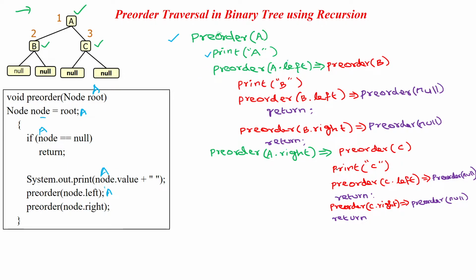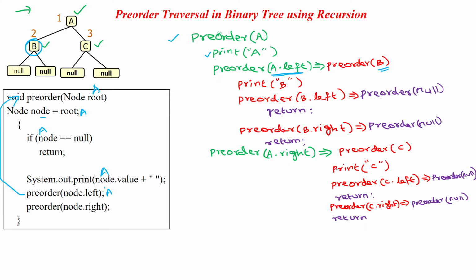So A dot left is B, so preorder of B is called. Once again we are calling the method, and the function will be called again.